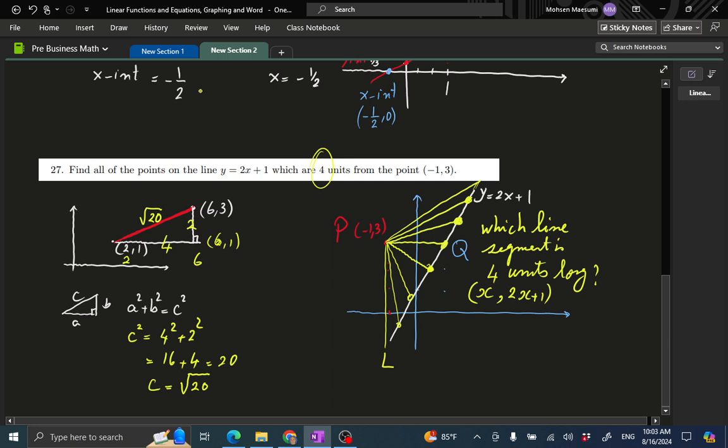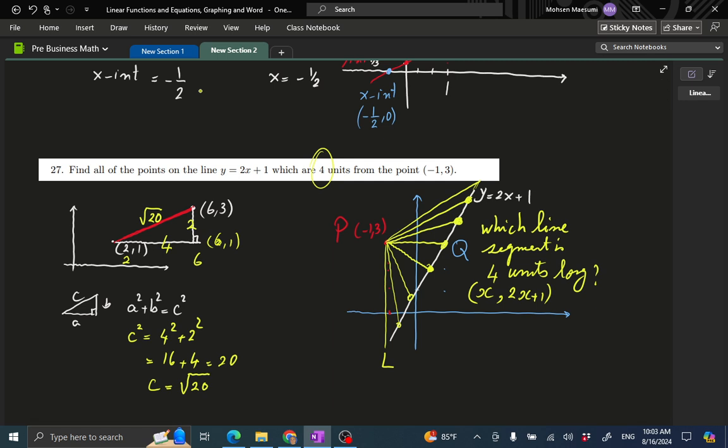Okay, what now? Well, now we ask, what is the distance of this from that? What did we learn here? Subtract the x's, that gives you one leg, subtract the y's, that gives you the other leg. So subtract the x's, that means the first dimension here. This is x, that is minus 1, I subtract them, so x minus 1.